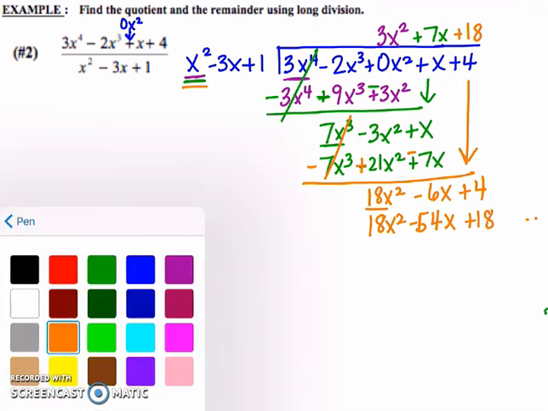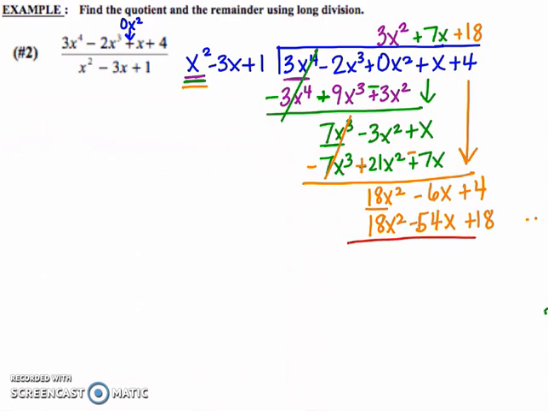And now we're going to draw the line and change the signs. So this becomes negative. This becomes positive, and this becomes negative. Our x squareds cancel. Positive 54x minus 6x is going to be a positive 48x. And then positive 4 plus negative 18 is going to give us negative 14.